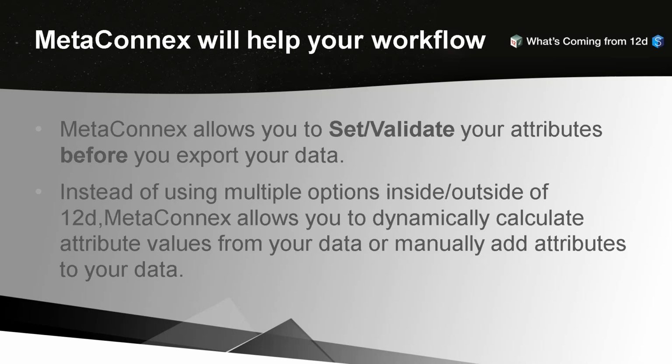All that type of data can be calculated on the fly. Things like material, class, use, might have to be manually added, or based off a name, you can set it to a default value, which we'll discuss a little bit later as well.